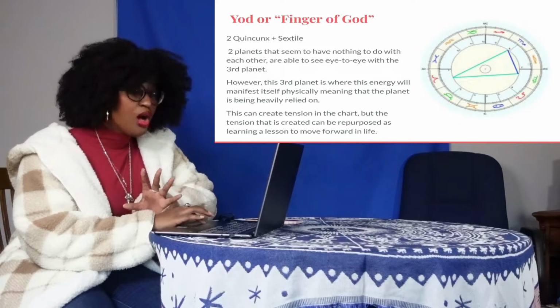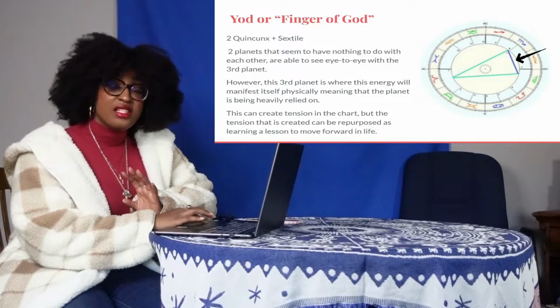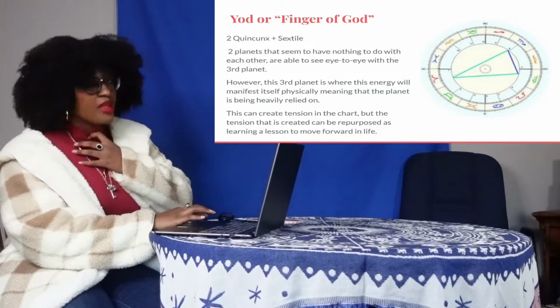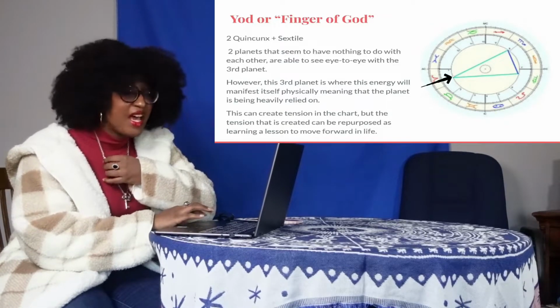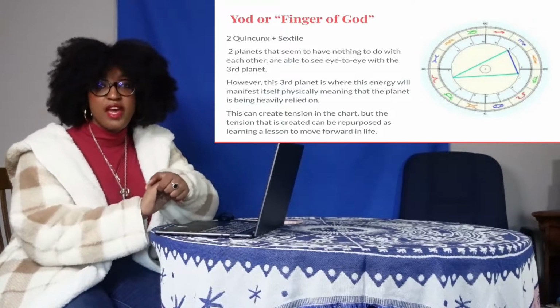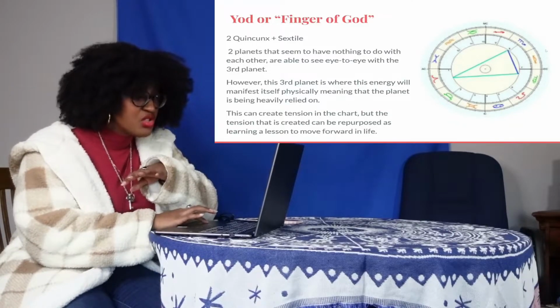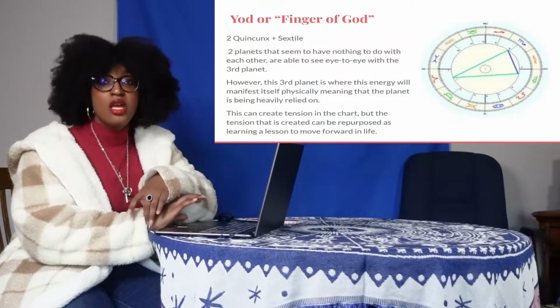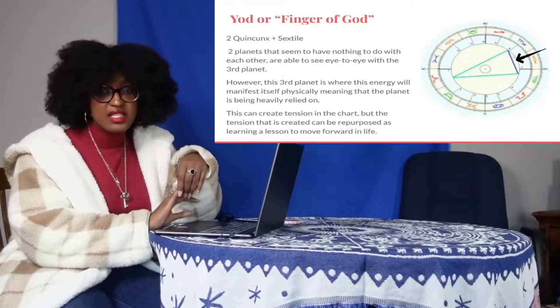But they're able to get along with each other in a sense because they are forming a, well, okay, to explain this one. One planet is having an inconjunct with 2 other planets. So therefore, instead of having one planet that's disregarding it, it now has 2 planets that are disregarding it. But these 2 planets are able to communicate with each other through a sextile.